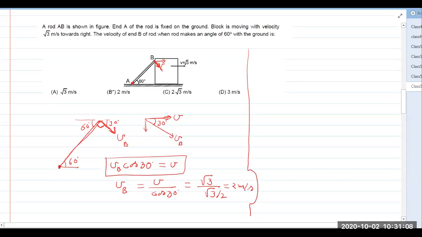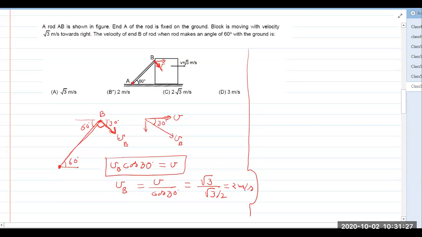What we did is, this point was fixed, so the object will rotate about this point, and the velocity of end B will be perpendicular to the radial direction, because it is moving in circular motion.